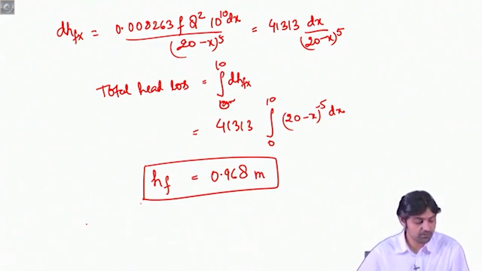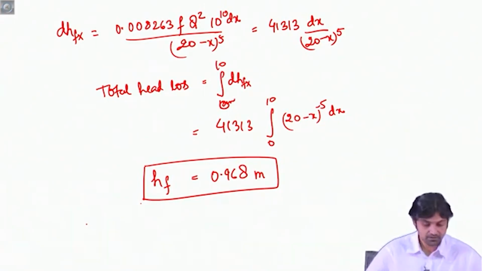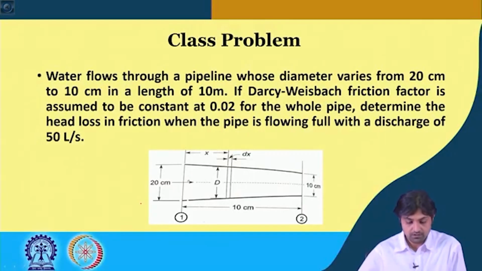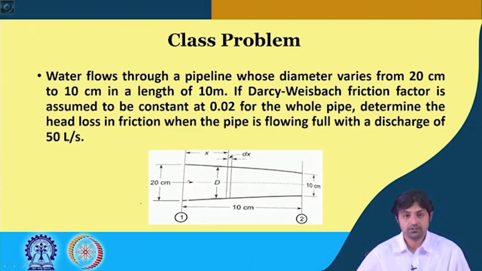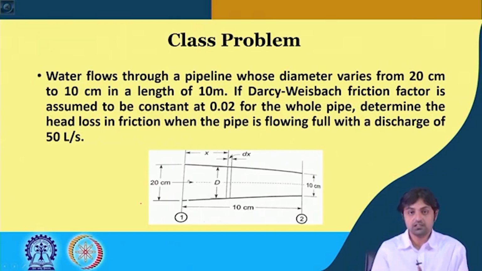All right, a very simple application because the Darcy-Weisbach friction was already given. So this is one question. Until now, we have obtained the pressure drop as a function of Darcy's friction f, where f is some function of Reynolds number and epsilon by d.